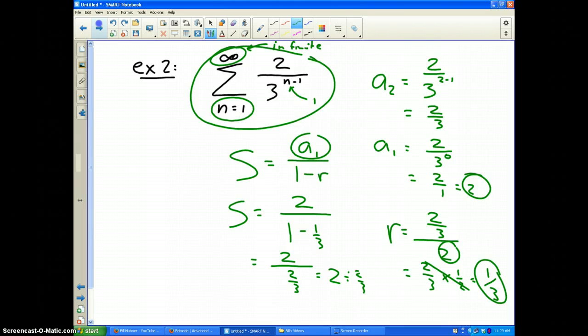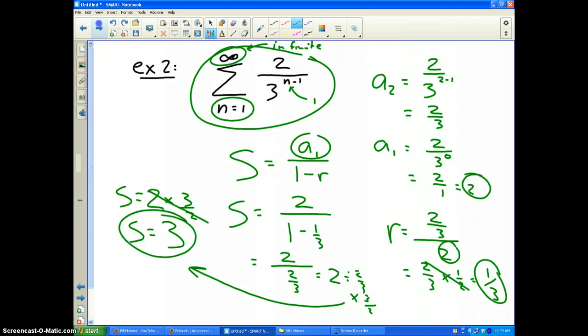Dividing is the same as multiplying by its reciprocal. So my sum is 2 times 3 over 2. My 2's cancel, and therefore the sum of this infinite geometric series is the number 3. That's what all these numbers added together are.